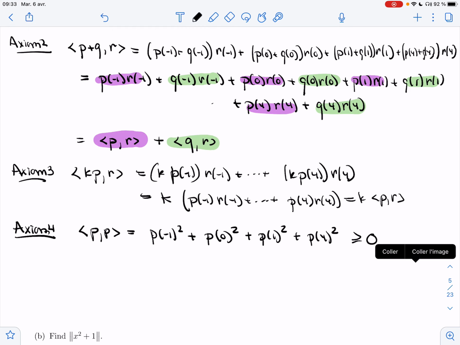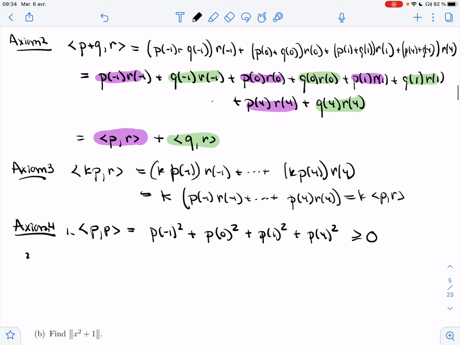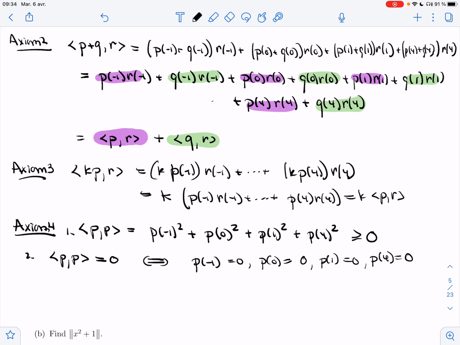That is definitely bigger than or equal to 0. And now this is the part that's interesting. So this is part 2. What does it mean that PP equals 0? So that would mean that P(-1) is 0, P(0) is 0, P(1) is 0, and P(4) is 0.